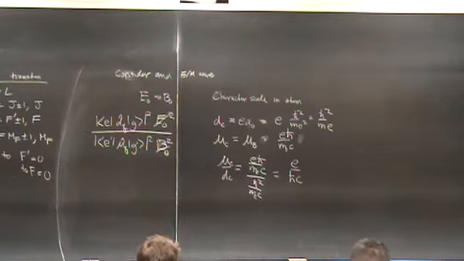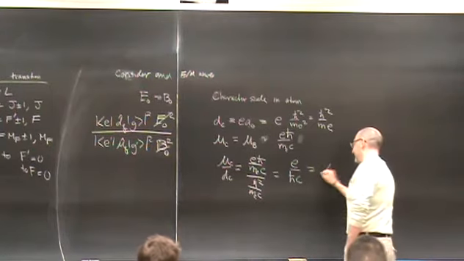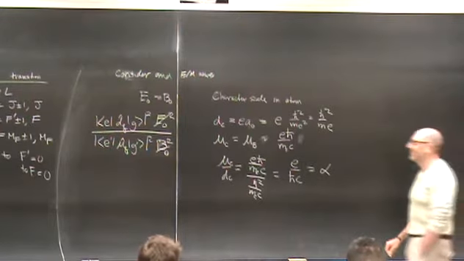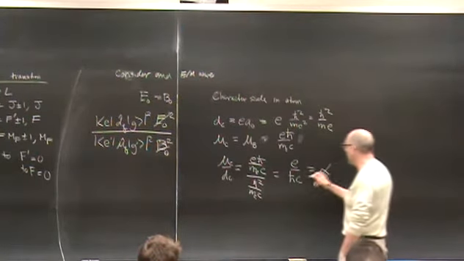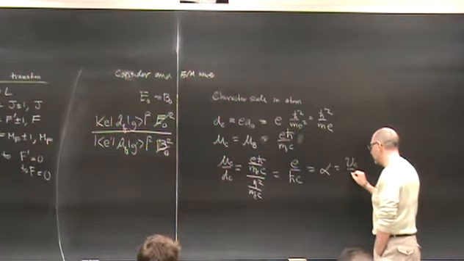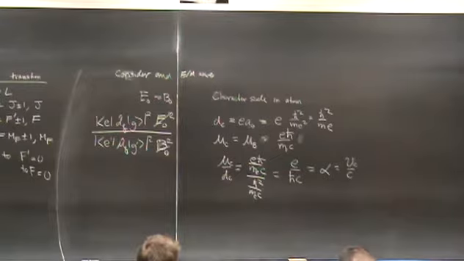You better. What's e squared over h bar c? The fine structure constant, alpha, which is equal to the characteristic speed of the electron over the speed of light. Which is what you expect.